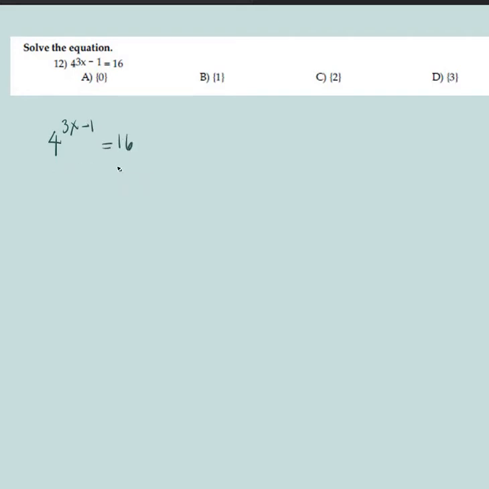The way to solve this problem is by using this rule. When the bases are the same, this is the same number, you can equate the exponents. That means this implies that m is equal to n, if we're looking to solve for m. So in this case, we would like to do the same thing.